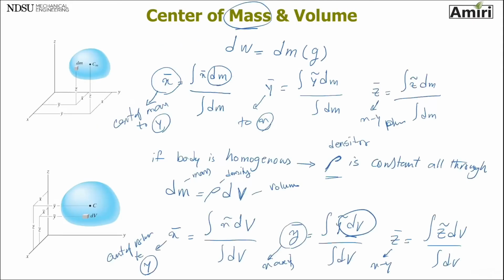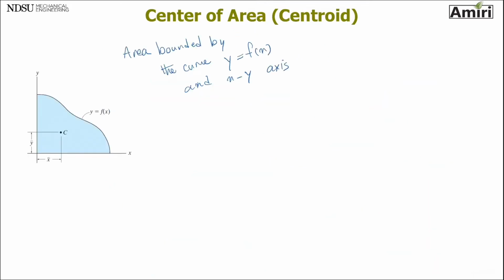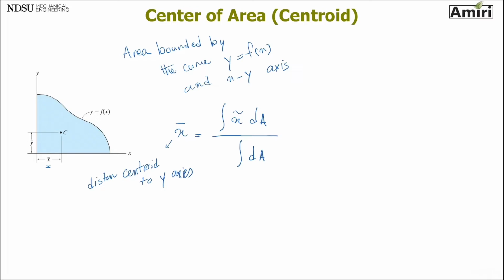So if you want to look back and find a common trend here, x bar, centroid, so distance from centroid to which axis? To the y-axis. Remember they're opposite. Equals integral of x tilde dA over integral of dA.